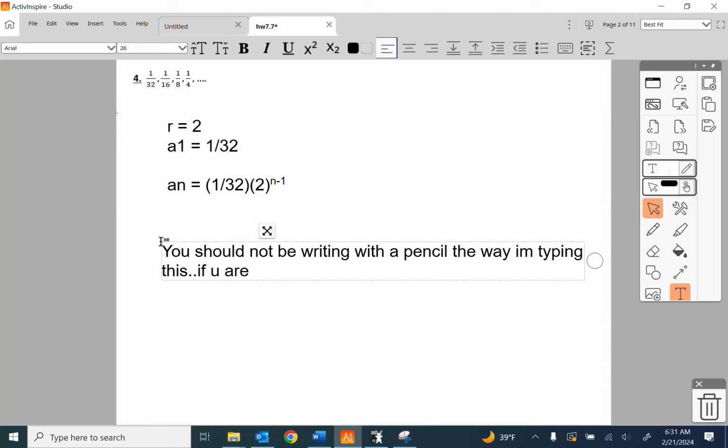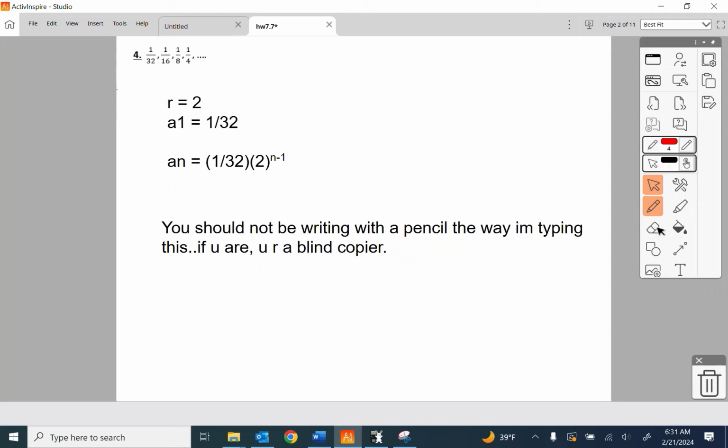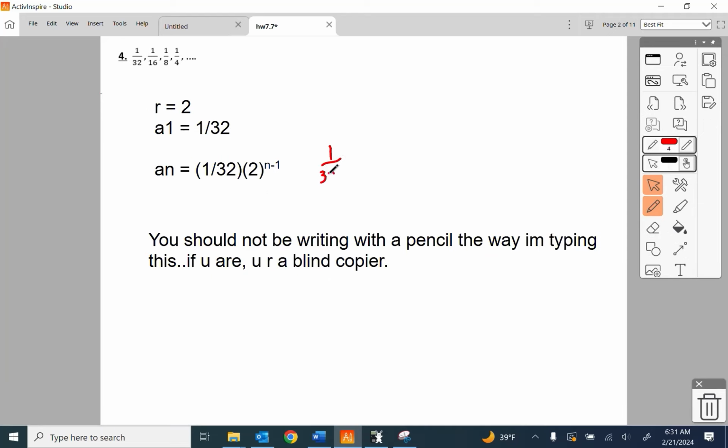The reason I'm typing is to make it more legible for you. But if I had a pencil and paper, this would be written 1/32 times 2 to the n minus 1. That's how it'd be written. Plain and simple.